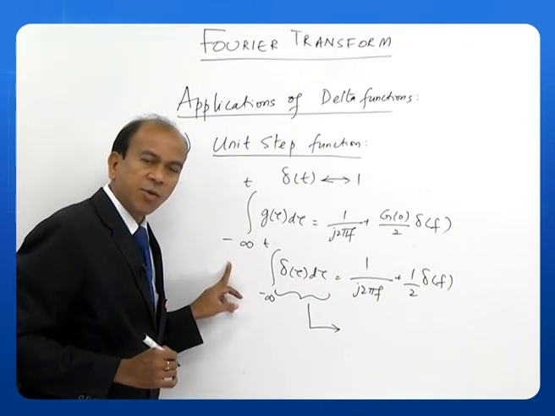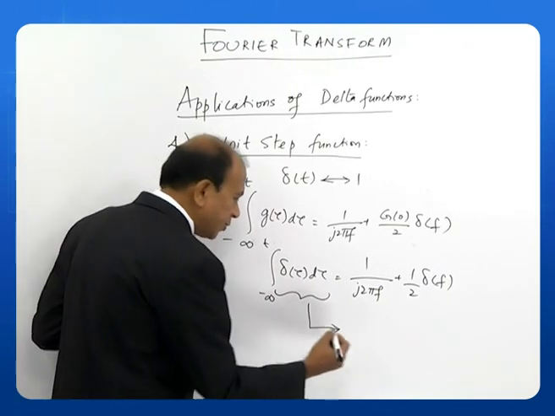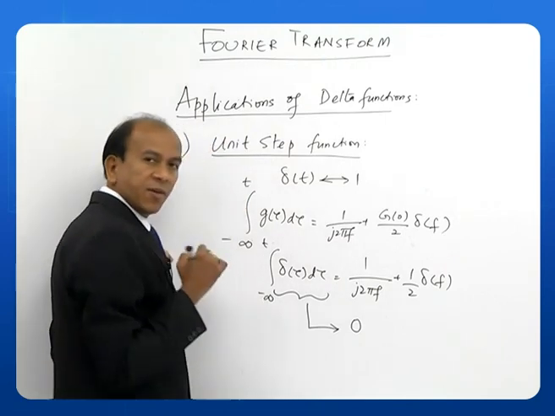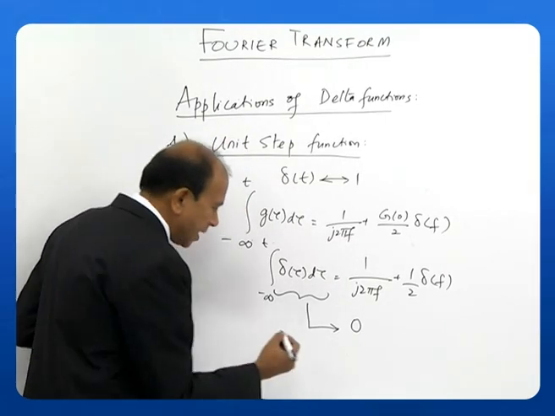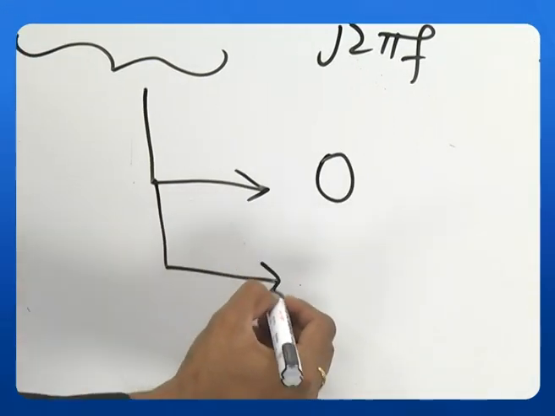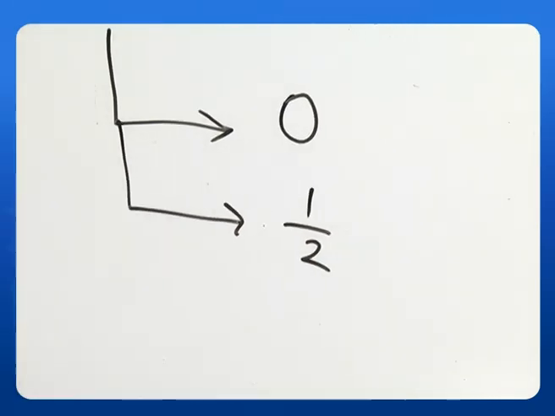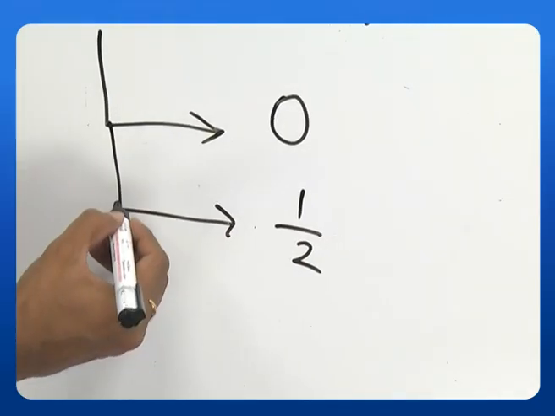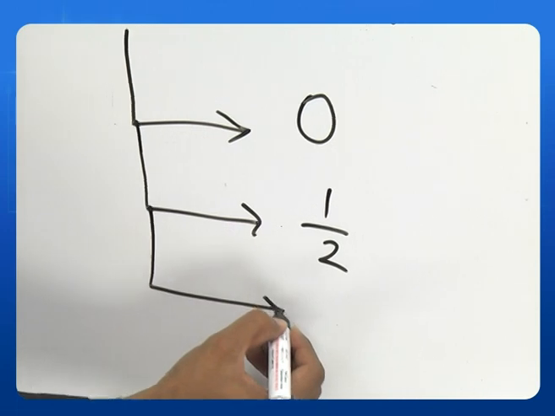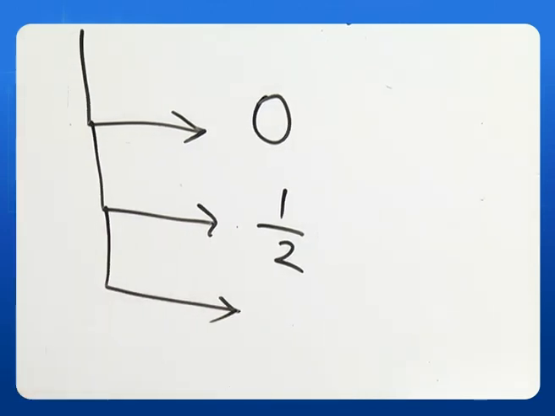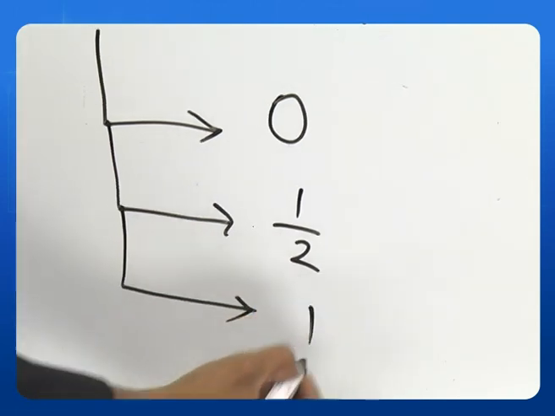For all values of t which is negative, this will take a value which is equal to 0. At t is equal to 0, this will be equal to half, and for t greater than 0, it will become 1 here.